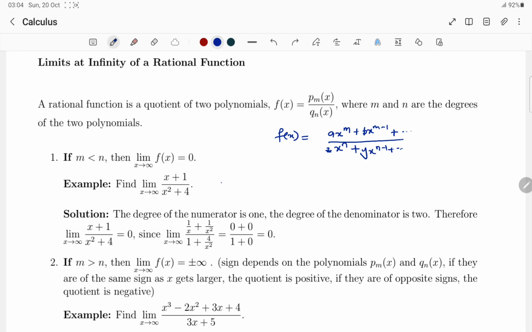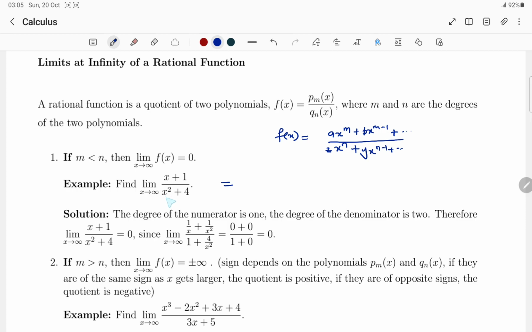What we first do is divide by the highest power on the numerator and on the denominator. You check the polynomial on the numerator and the polynomial on the denominator, and you look for the one with the highest order.